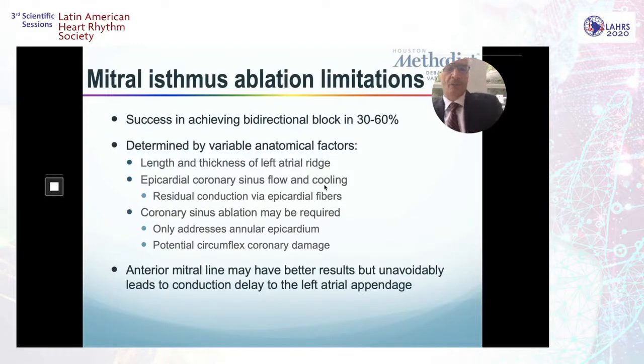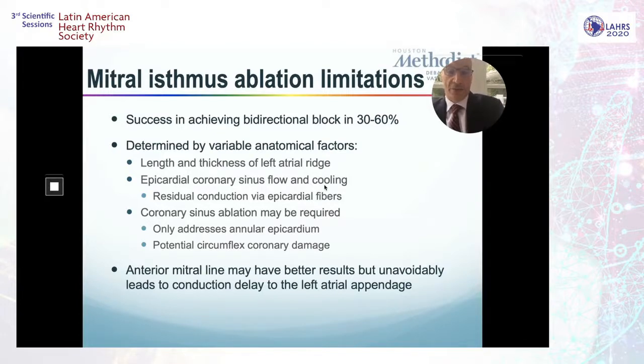The most common reason to deliver vein of Marshall ethanol is to achieve mitral isthmus ablation, because the current technology for mitral isthmus ablation is inadequate. We achieve bidirectional block in 30 to 60% of the cases, determined by variable anatomical factors: the length and thickness of the left atrial ridge, and the coronary sinus flow and its cooling, which prevents effective radiofrequency ablation lesions from forming, leaving residual conduction via epicardial fibers.